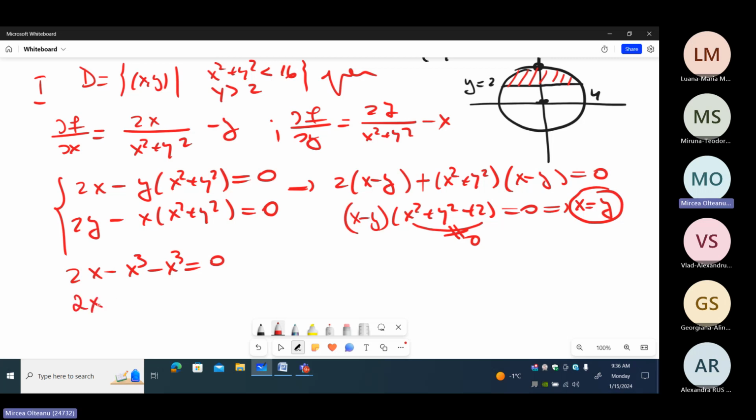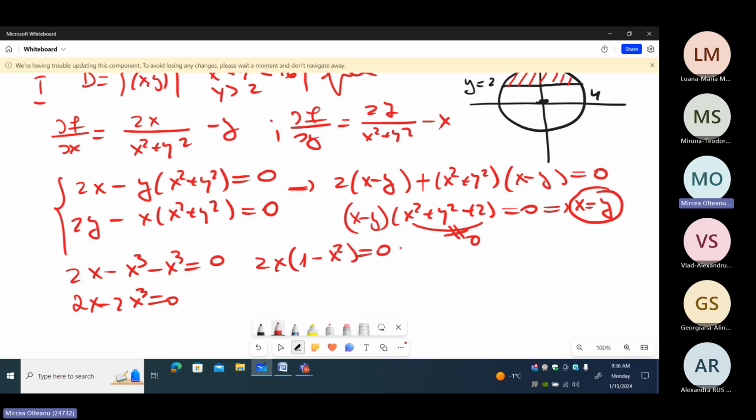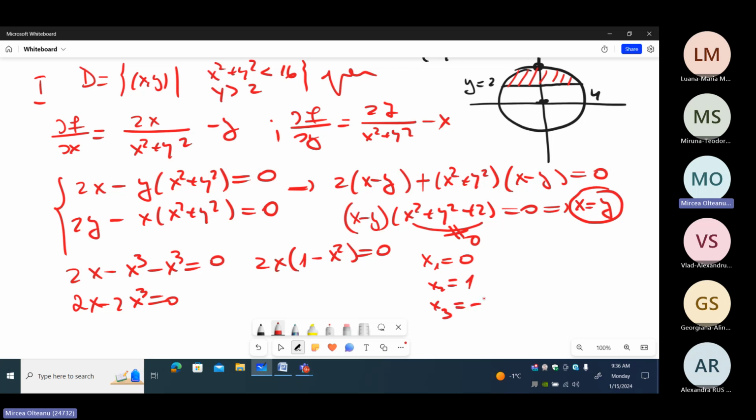So 2x minus 2x cubed equals 0. That is 2x times (1 minus x squared) equals 0. This will give us x1 equals 0, x2 equals 1, x3 equals minus 1.